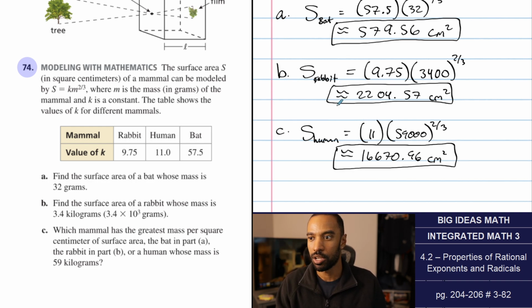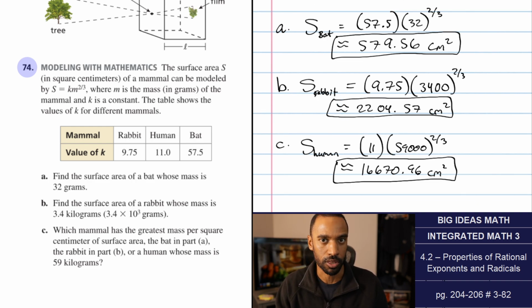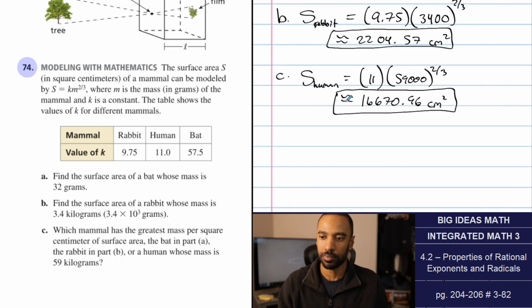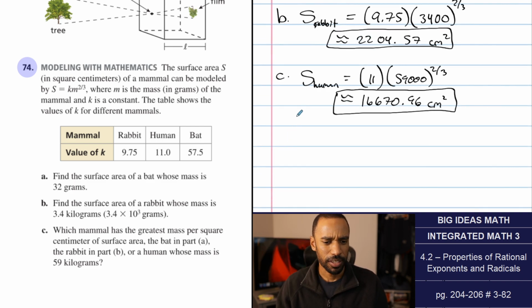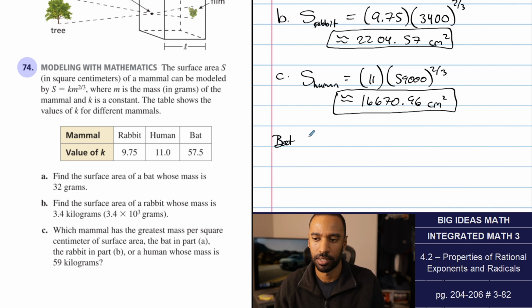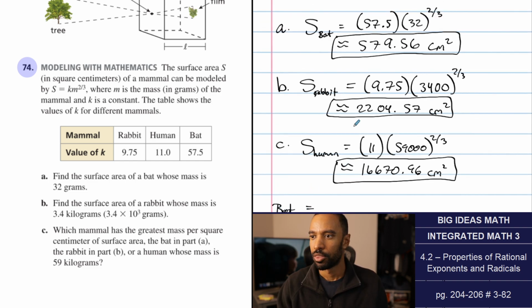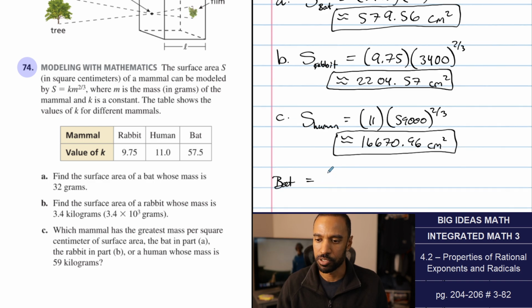Now, who has the most surface area? Well, a human, but that's not what they're asking. Humans are going to be bigger than bats and rabbits. The question is, which has the greatest mass per square centimeter of surface area? So that's dividing mass by surface area for each. For the bat, it's 32 over 579.56.